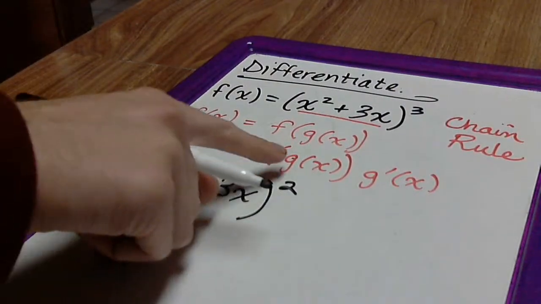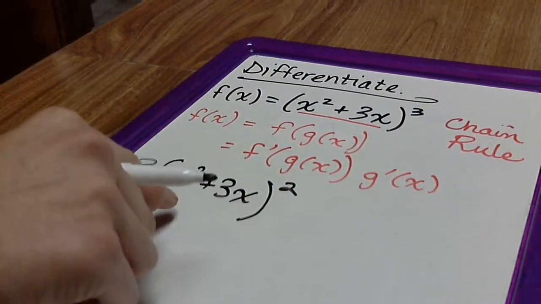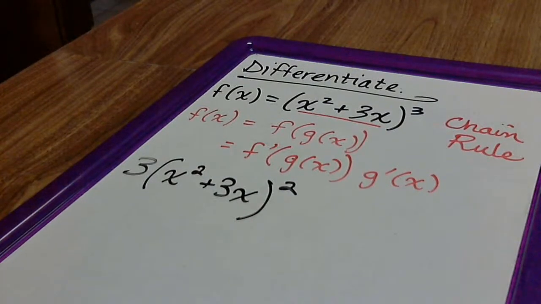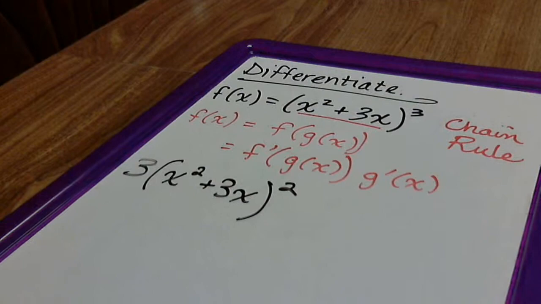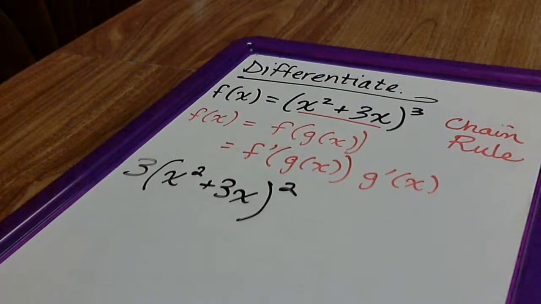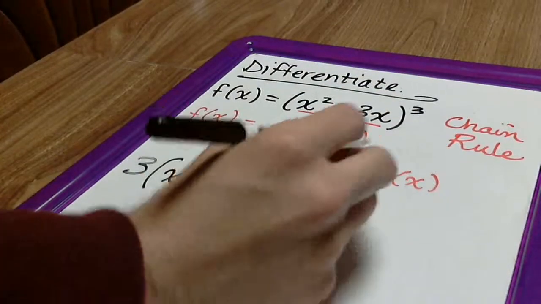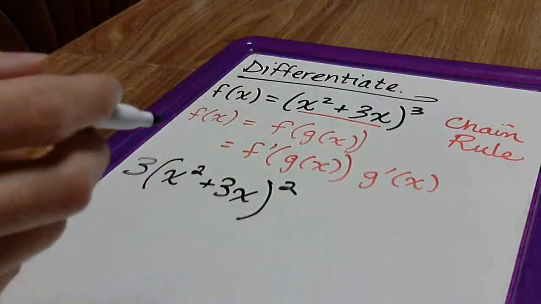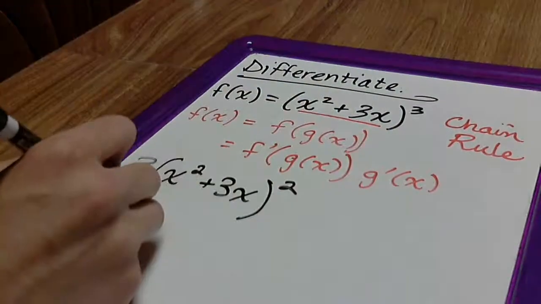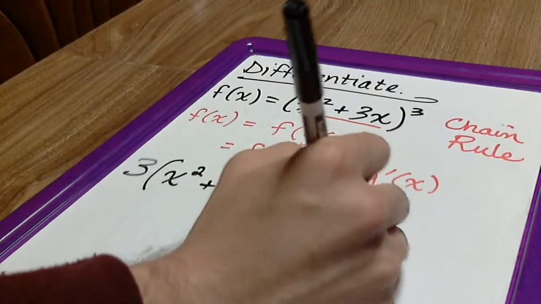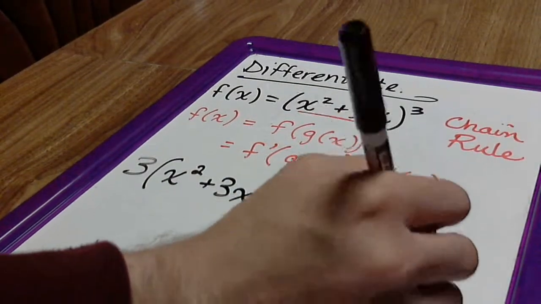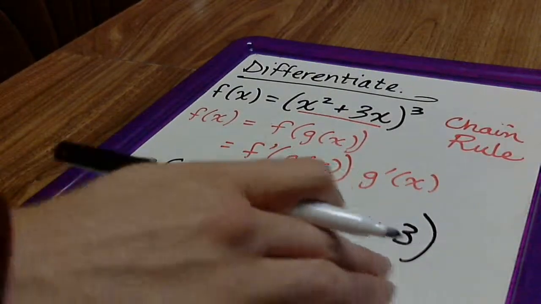So we take the f prime of g of x, that's what we did here, and then we multiply it by the derivative of x squared plus 3x. The derivative of x squared plus 3x is 2x plus 3. And so that would be the derivative.